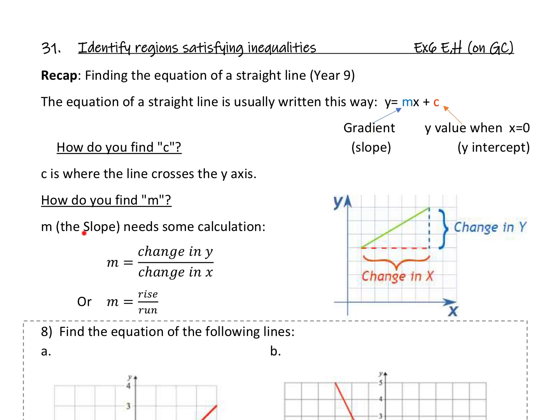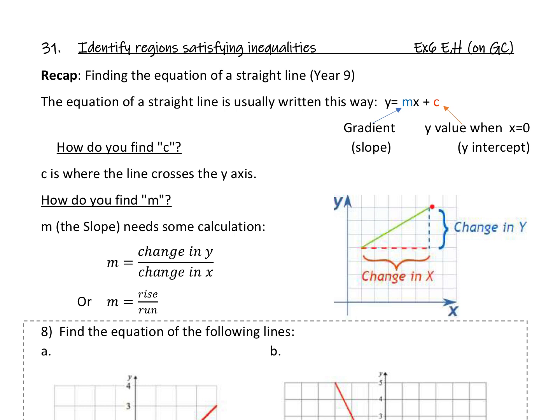Well, m, the slope, needs some calculation, and you'll use one of these depending on what your teacher told you in class. M is the change in the y values divided by the change in the x, or the rise over the run. That makes no sense unless you draw a triangle from the line.